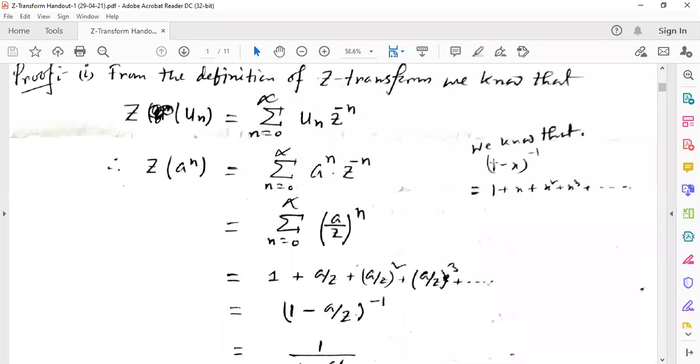Look here. It was the formula of binomial, 1 minus x whole to the power minus 1, which means 1 plus x plus x square plus x cube plus dot dot. So if it is given as 1 plus x plus x square plus x cube, on this basis we can write it as 1 minus x whole to the power minus 1. So this formula is used there.